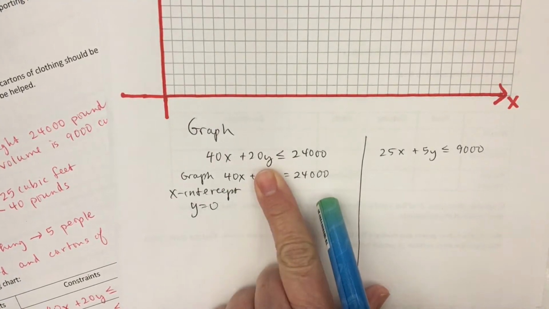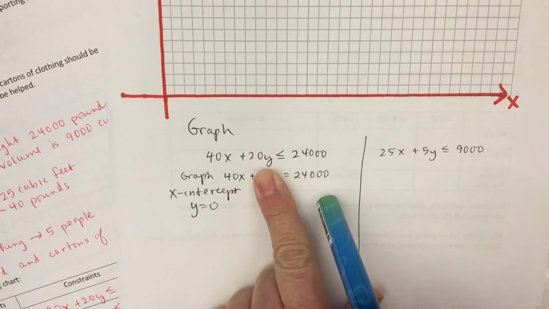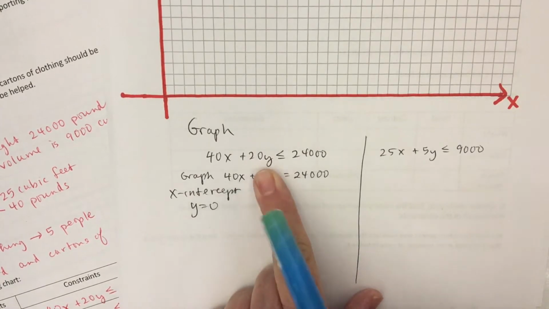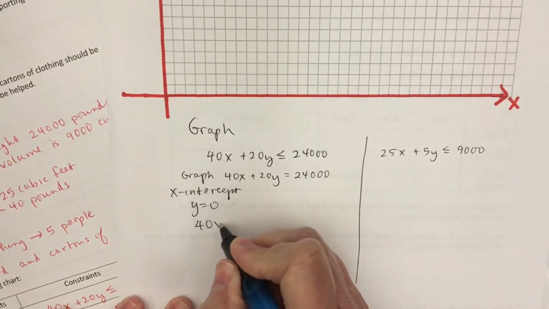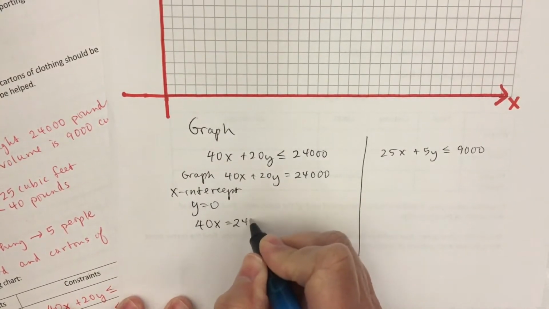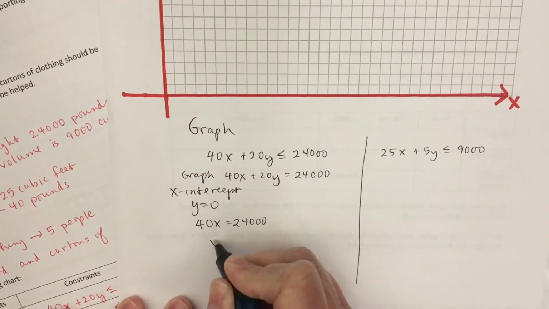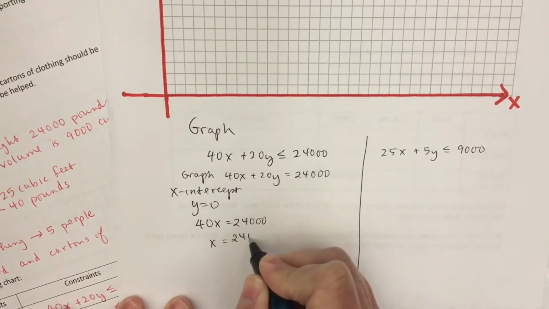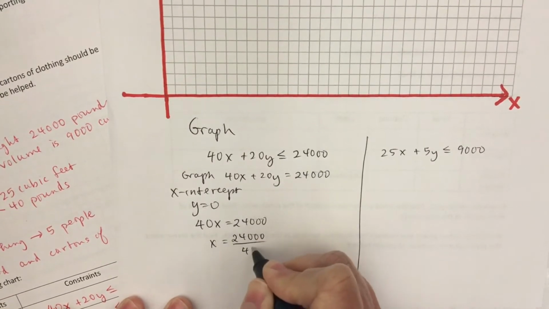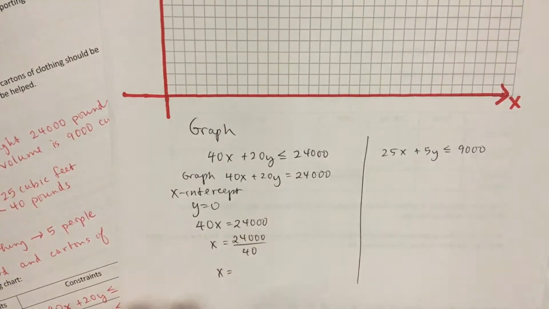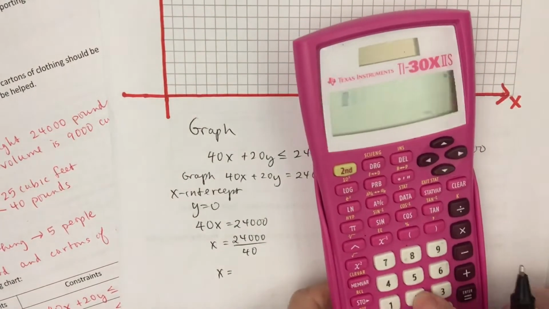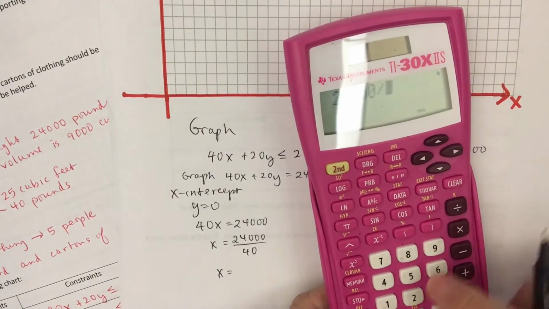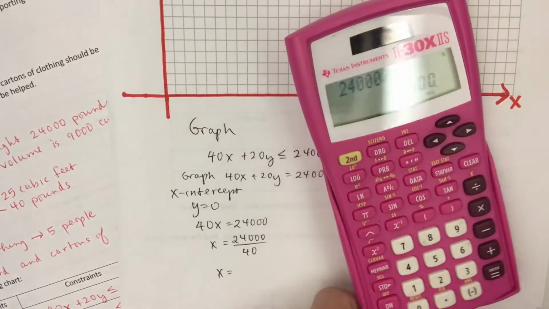40x equals 24,000. So that's 40 times x. We'll end up with 40x equals 24,000. To solve for x, we'll divide 24,000 by 40. 24,000 divided by 40 is 600.